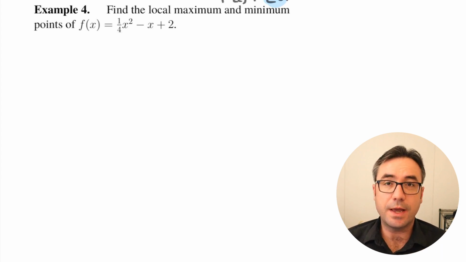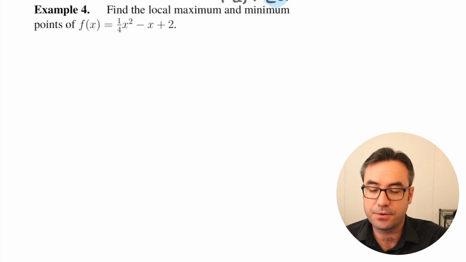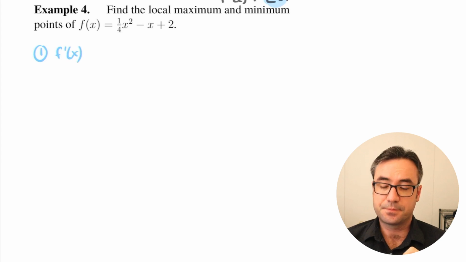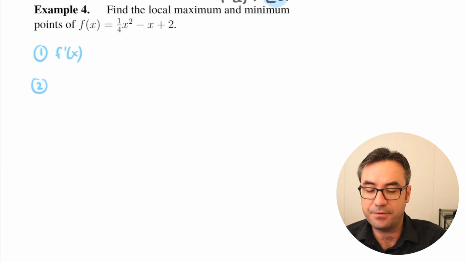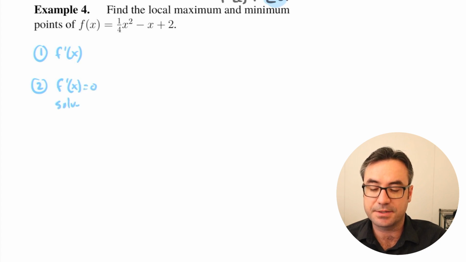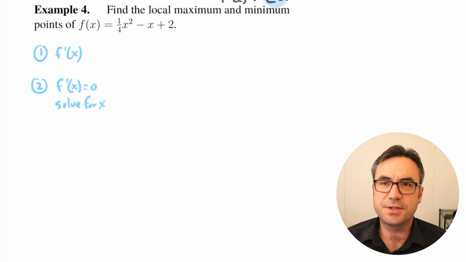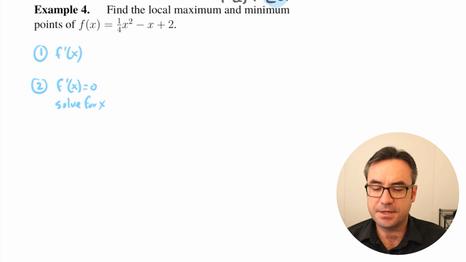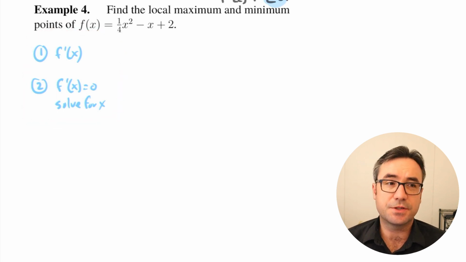When we want to locate where we have a max or a min, that's finding the critical numbers. So the first step is getting f prime. And then the second step will be figuring out where f prime is equal to 0 and then solving for x. So things we've done before. Doing these two steps will get us the critical numbers.